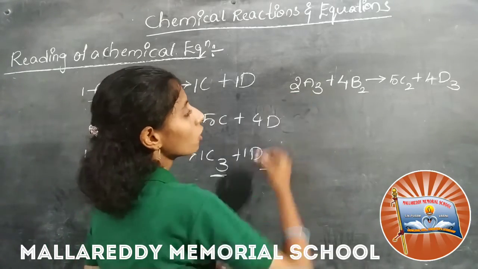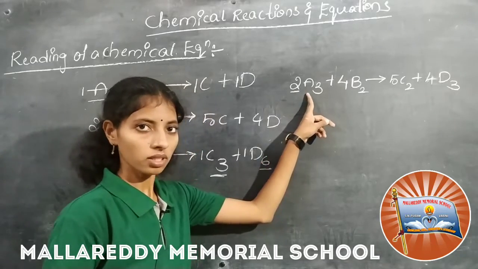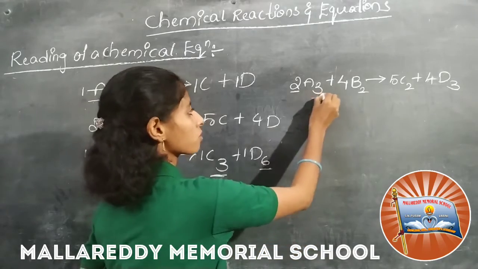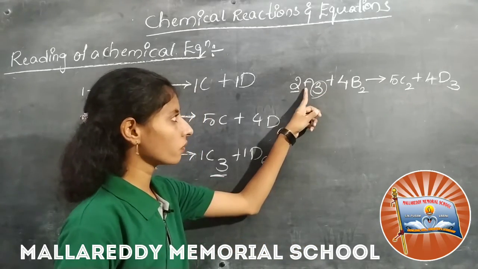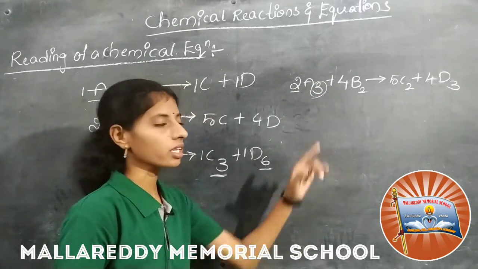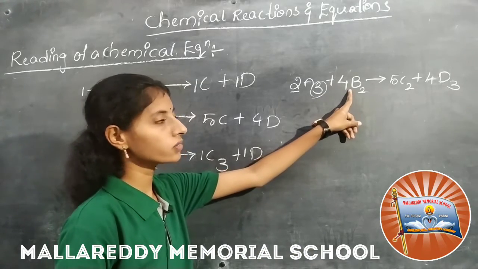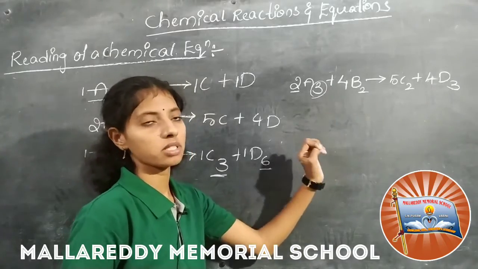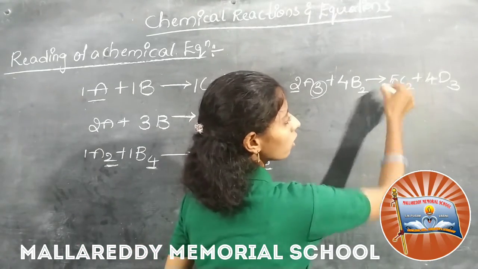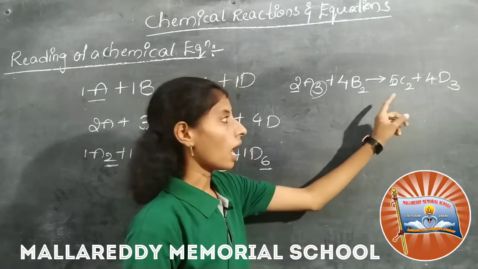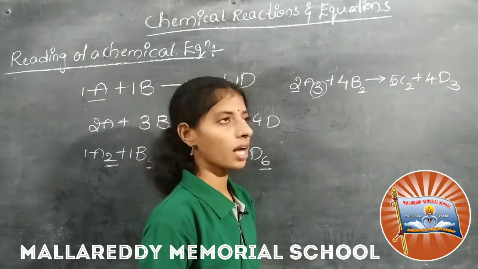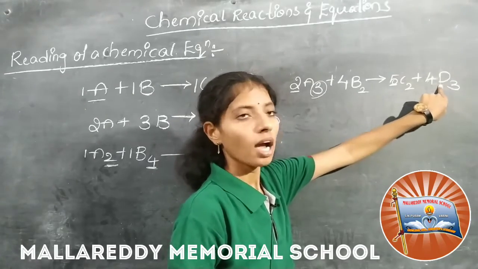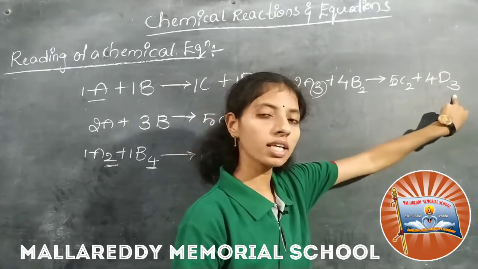So here we have 2 molecules of A and each molecule of A contains 3 atoms. And here we have 4 molecules of B and each molecule of B contains 2 atoms. On the product side we have 5 molecules of C and each molecule of C contains 2 atoms. And finally we have 4 molecules of D and each molecule of D contains 3 atoms.